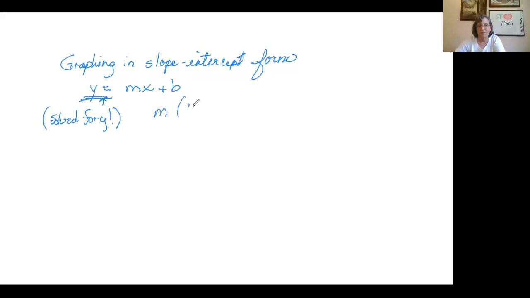M, whatever the coefficient of the x is, is the slope.